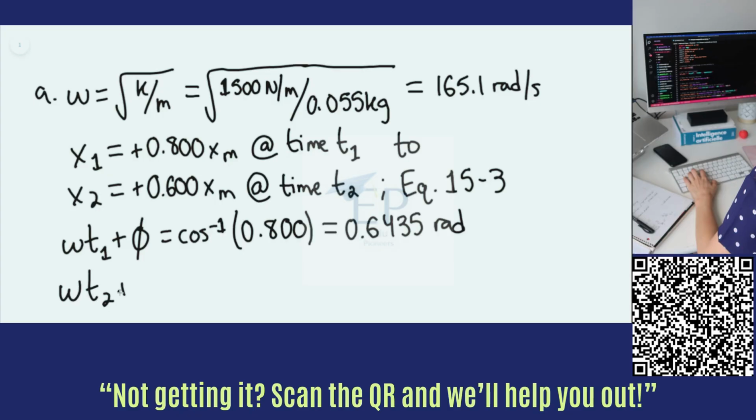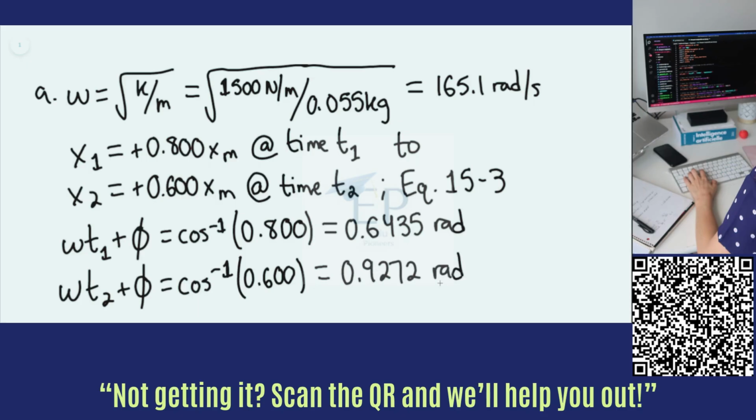Omega t sub 2 plus phi is equal to arc cosine of 0.600, which equals 0.9272 radians.